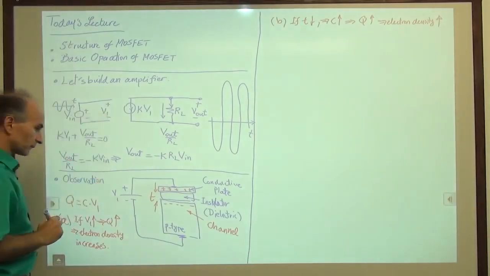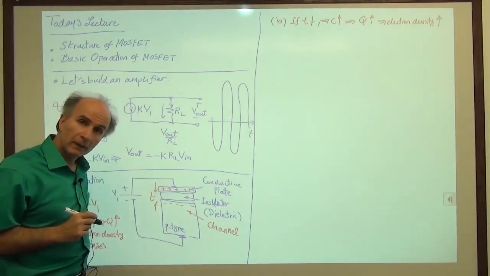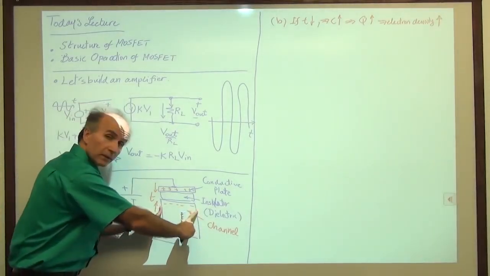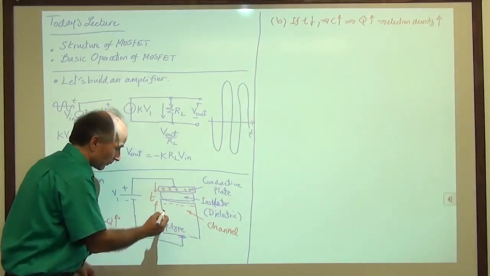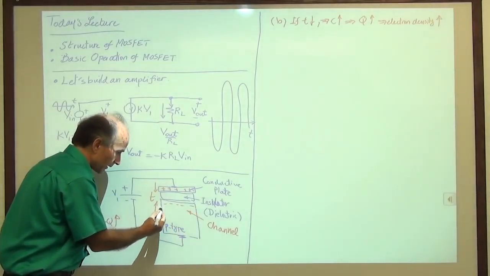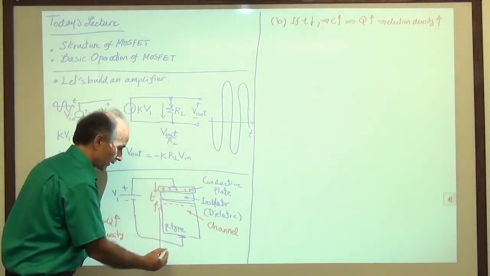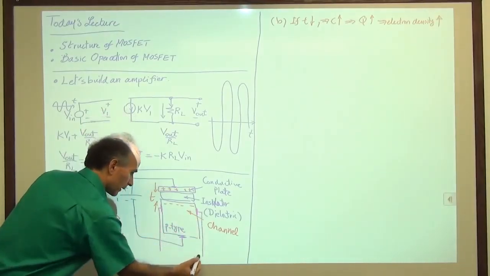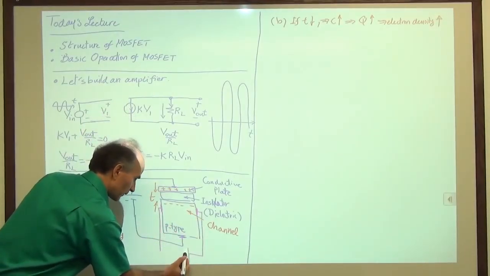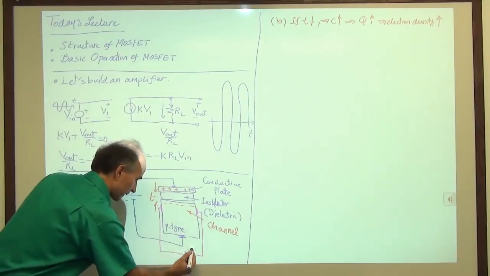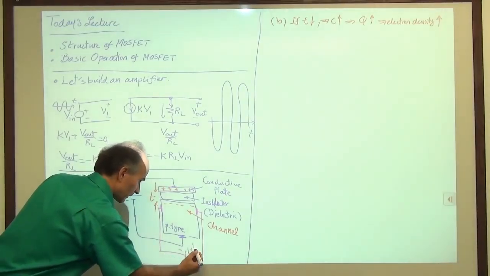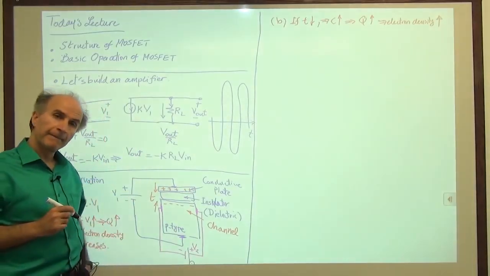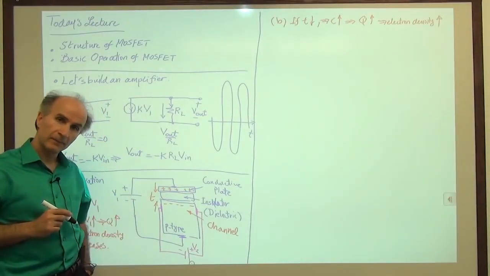So this time, the voltage I'm applying is from here to here. Okay, so I'll put a contact on this point, bring a wire out, put a contact on this point, bring a wire out, and then apply a voltage source between these two terminals. Positive here, negative here. We'll call this V2. So then what happens?